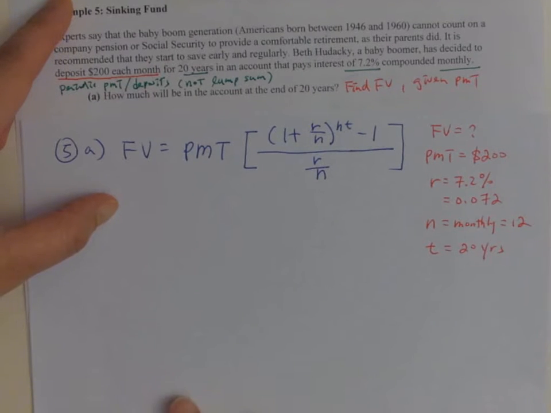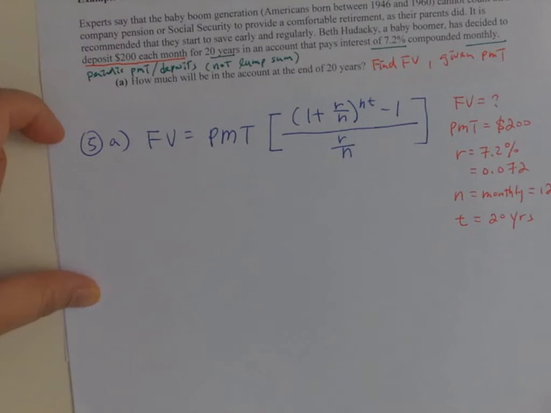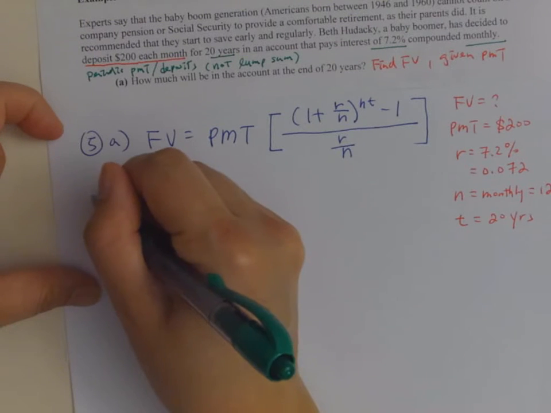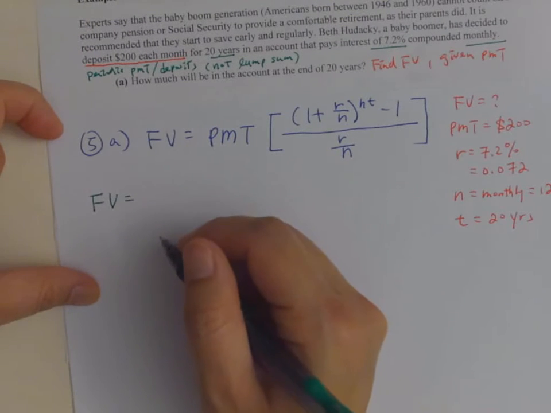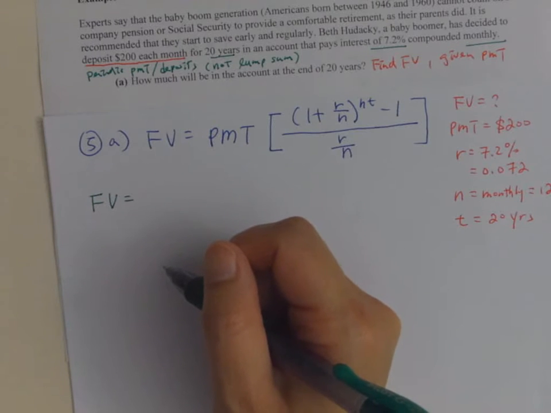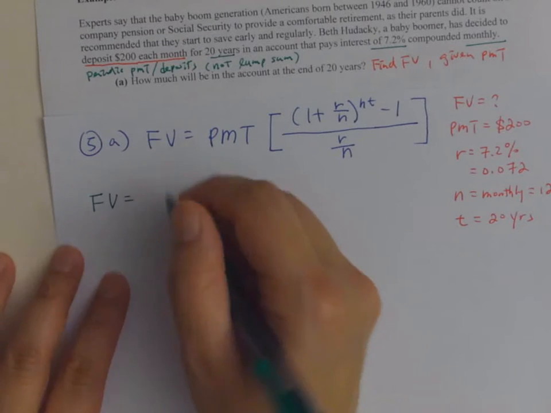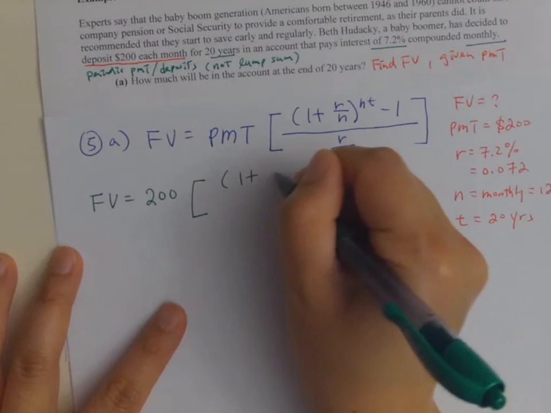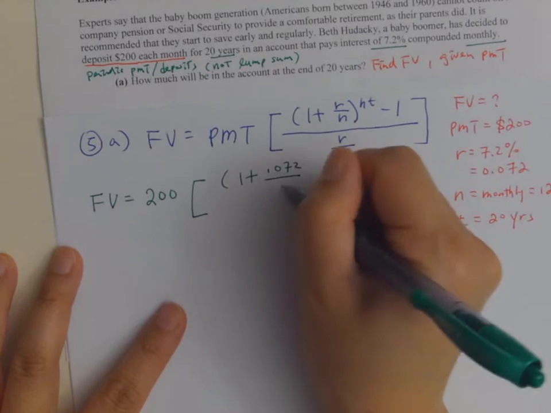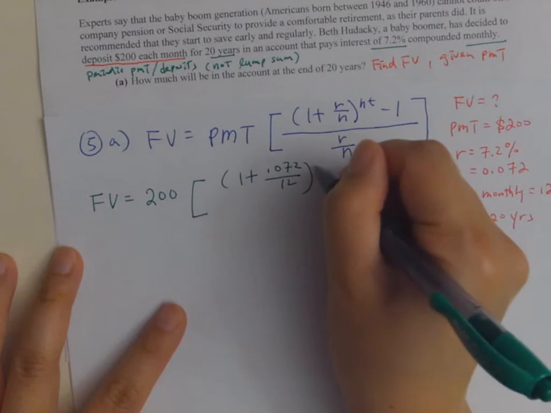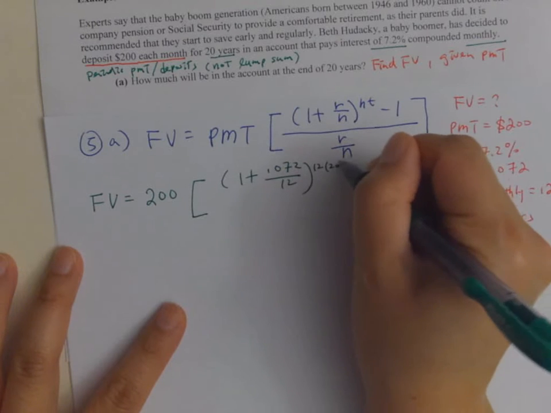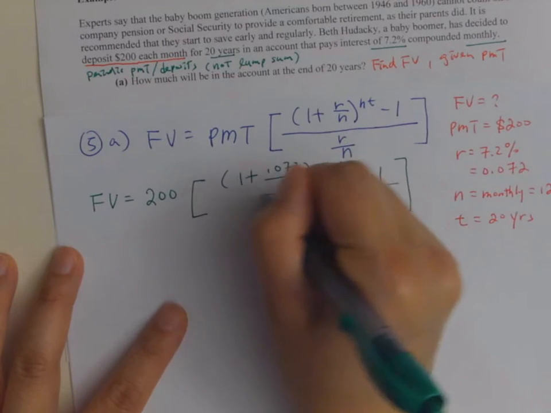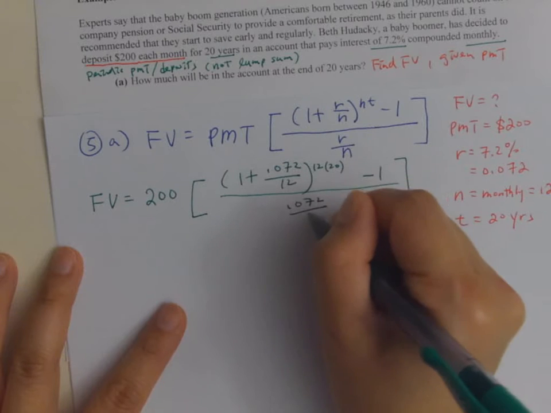Using all this information, why don't you go ahead and plug it in and see if you can find the answer. When you're ready, you can check with me. So we got $200 times (1 plus 0.072 divided by 12) raised to the power of 12 times 20 years, then subtracting 1 at the end, divided by 0.072 divided by 12.